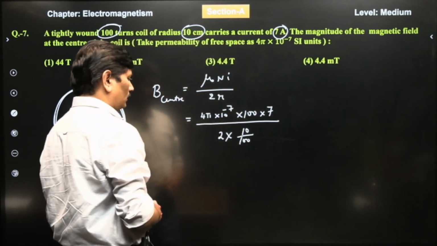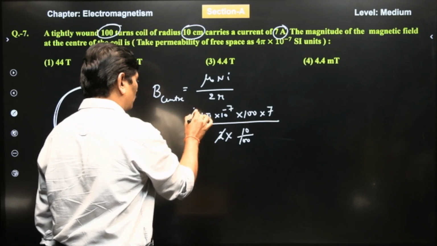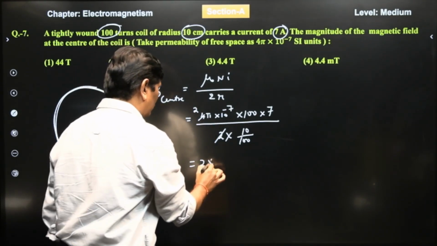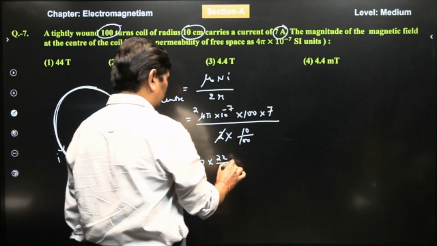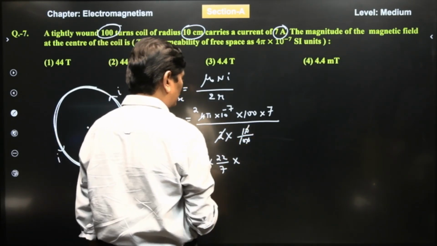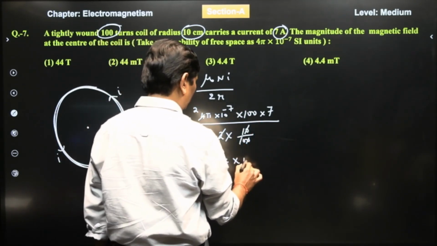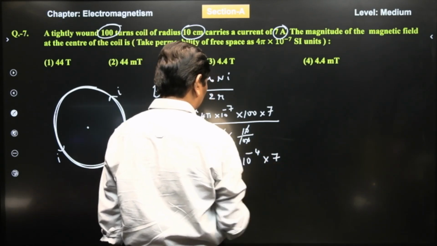Now simplify this one. This 2 in this 4, 2 times. So 2 into, you can write pi value 22 by 7 for easy calculation. Here 10 cancels, this 10 goes to numerator, 100. 10 power minus 7, 4 into 7 is there.